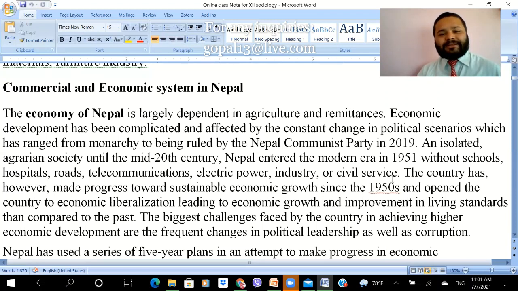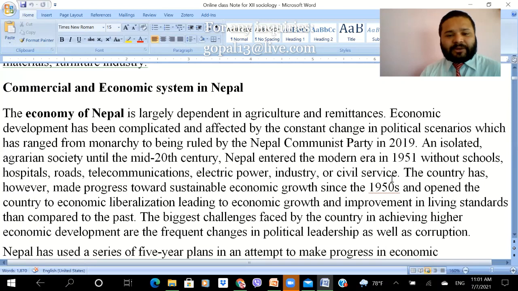That is the progress that Nepalese society has gained through the changes from the Rana regime up till the democratic system, or for the last thousands of years of history.